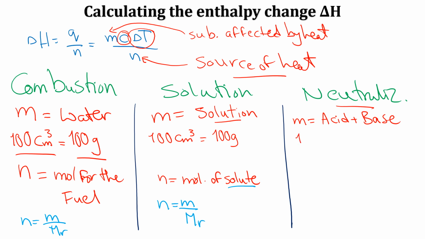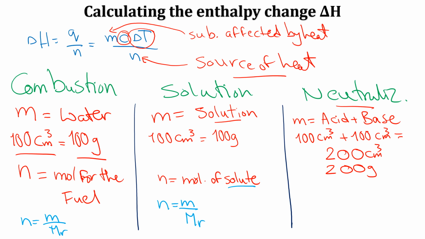So if you have been given, let's say, 100 centimeter cube acid and 100 centimeter cube base, then your mass should be 200 centimeter cube, or we can say 200 grams, knowing that the density is 1.